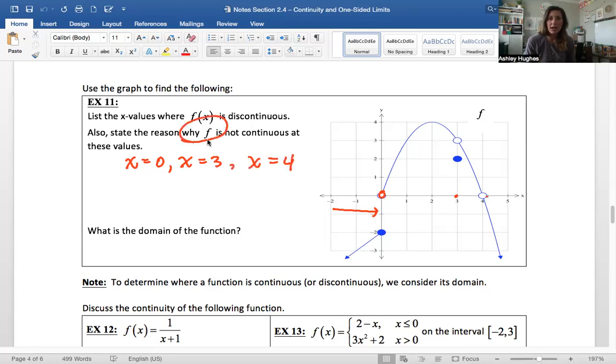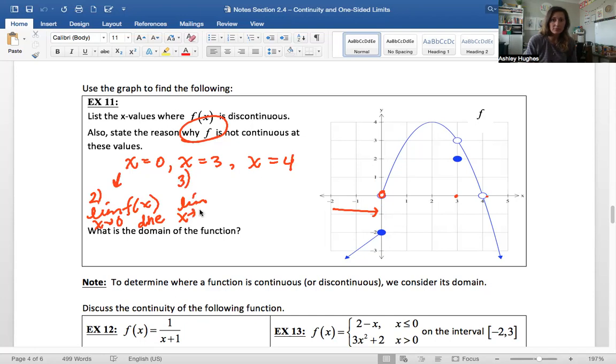And it says why. Okay, why? This first one is because the limit from the left and the limit from the right don't equal each other. So this fails part 2 of the definition. The limit as x goes to 0 doesn't exist because the limit from left and right don't match. This number 3 fails the third part of the definition of continuity.